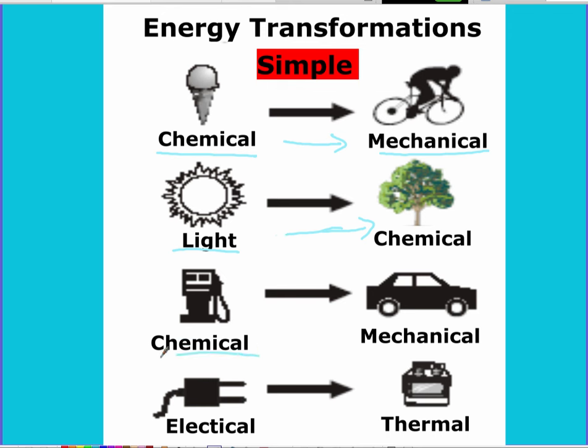Okay, the gasoline that you pump into your car is stored energy. It's not moving, but it allows your car to move and have mechanical energy when it burns it, chemical to mechanical. And lastly, electrical energy is electricity. It's in your walls, it's in your outlets. If you plug in a stove and you turn that stove on, it converts the electrical energy into thermal energy to allow you to cook.